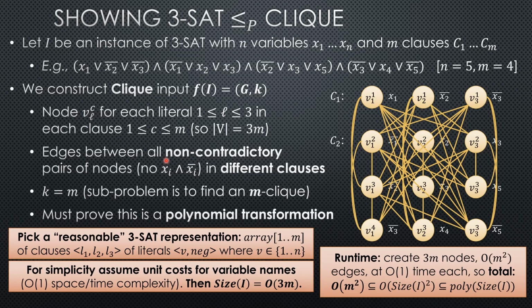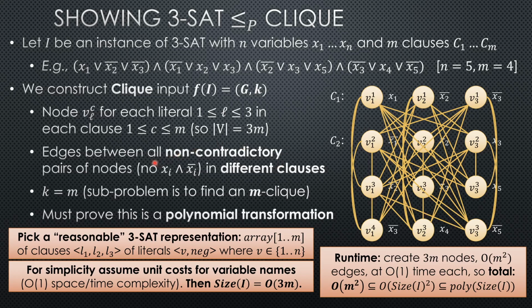So we'll go for each node in the graph, which is for each literal in the original input, all 3m of them. We're going to go through each other node in the graph. So we're going to have for loops taking us through all the nodes and then through all the nodes again. And for each pair of nodes, how many pairs are there? There are 9m squared pairs.